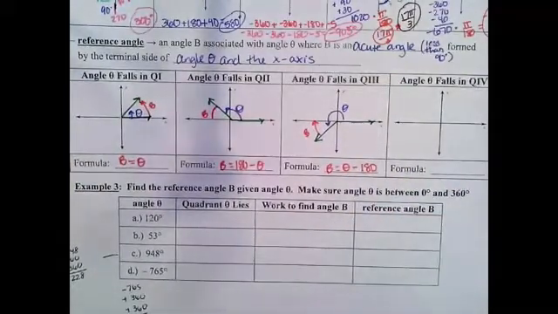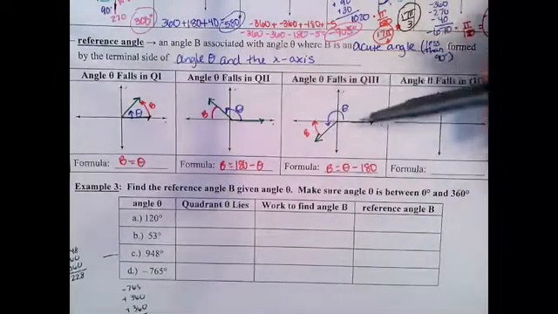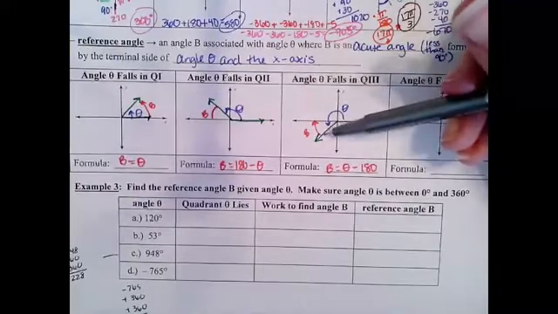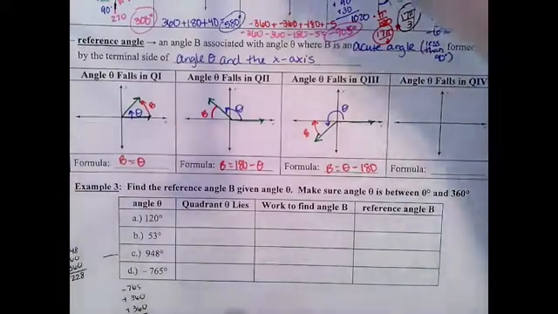Again, not formulas for you to memorize, more so critical thinking, okay? Use your critical thinking skills that we've been trying to develop this year. And think about, like, okay, what's a number bigger than 180? 200. If this is 200 degrees, my reference angle needs to be less than 90 because it's an acute angle. So my little reference here is going to be 20, because 200 minus 180 is 20 degrees.